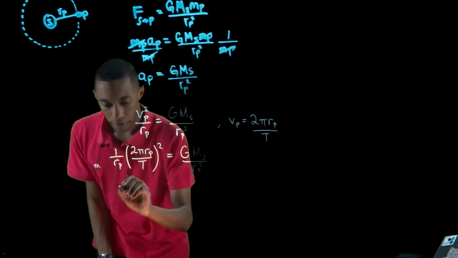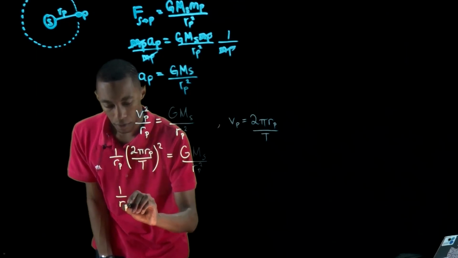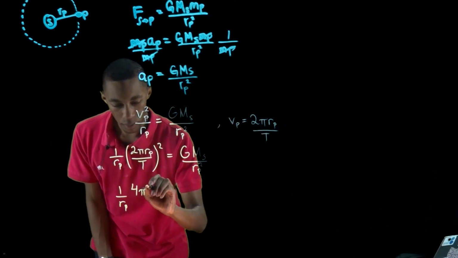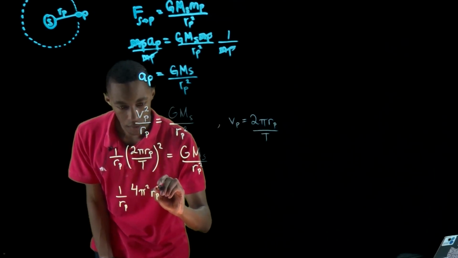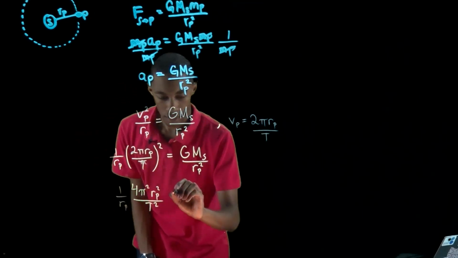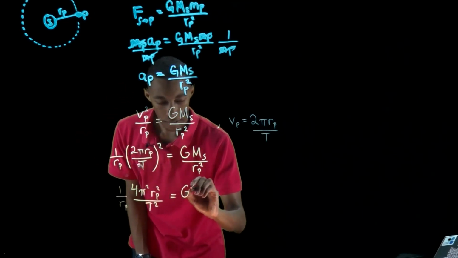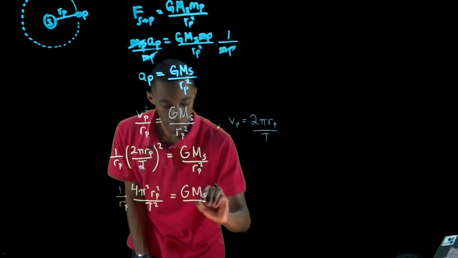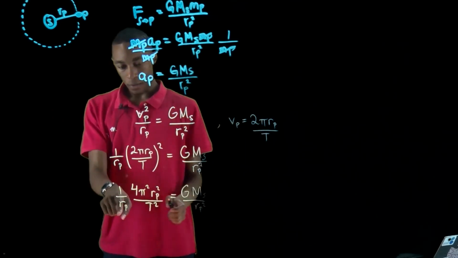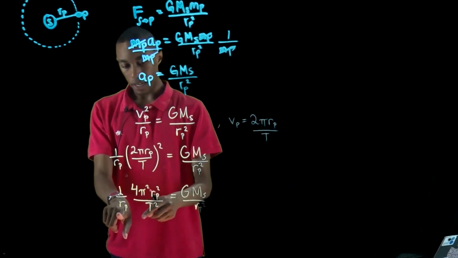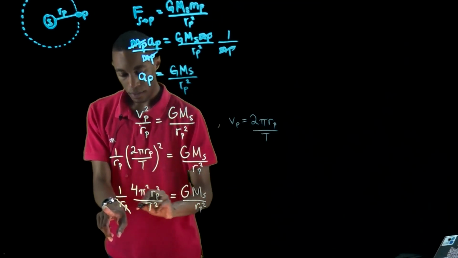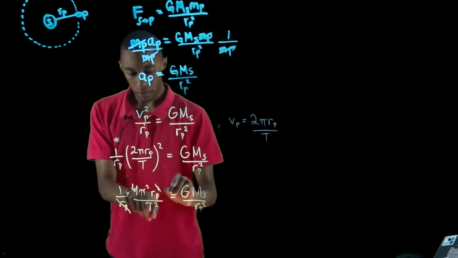It's a very straightforward expansion. We have 1 over Rp times 4 pi squared Rp squared over T squared. Again, the right-hand side is unchanged here. Over here we see we have an Rp in the denominator and an Rp squared in the numerator, so one of these will cancel.